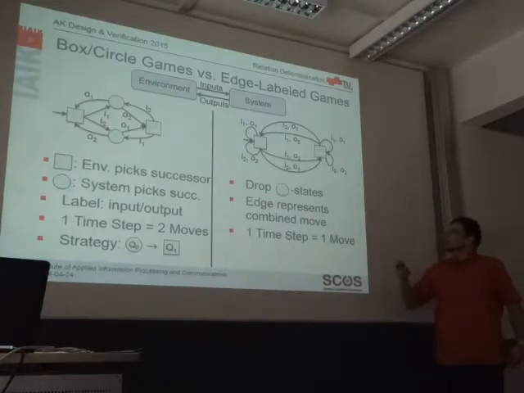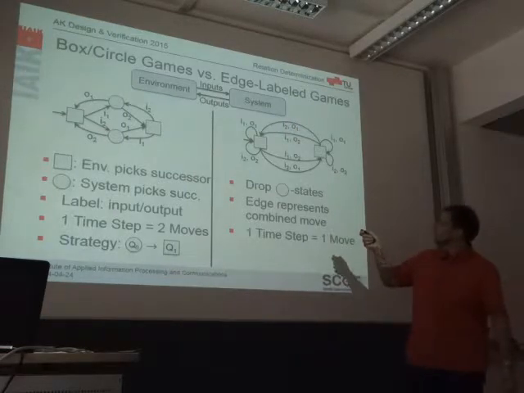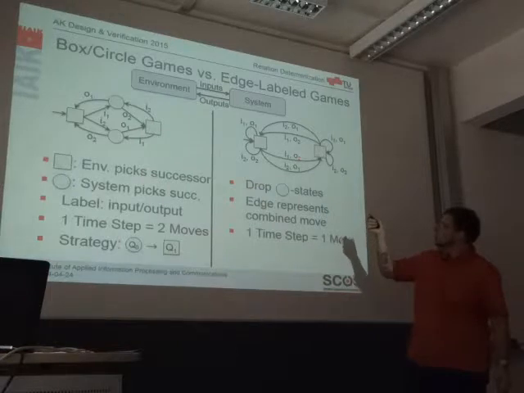And once we have highlighted these edges, the system can choose which of the highlighted edges it wants to pick. Let's say we pick this one. That means that we are going to give output O2 and we're going to end up in this particular state.